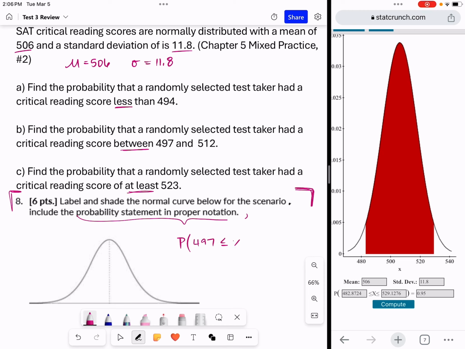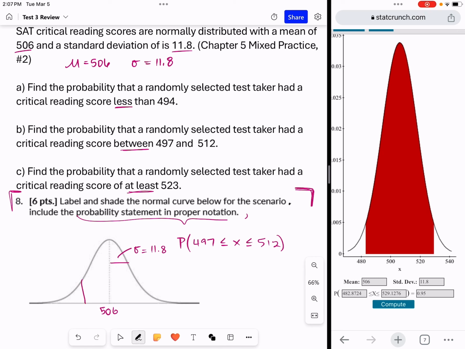Always less than or equal to x in the middle, and then another less than or equal to 512. As far as labeling goes, I'm going to need my 506. Standard deviation of 11.8.